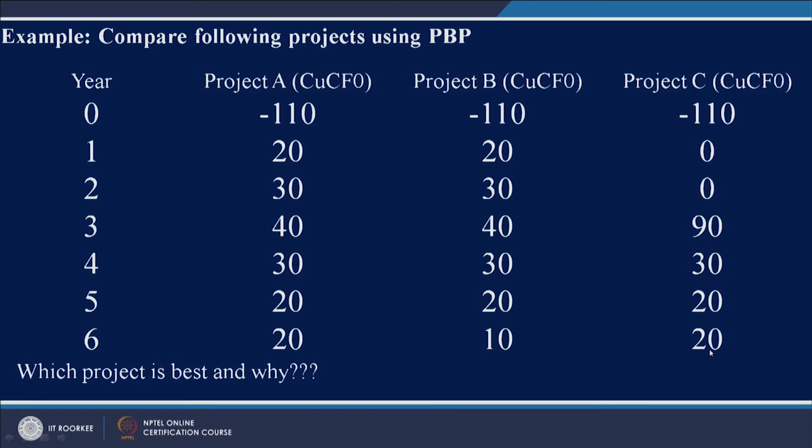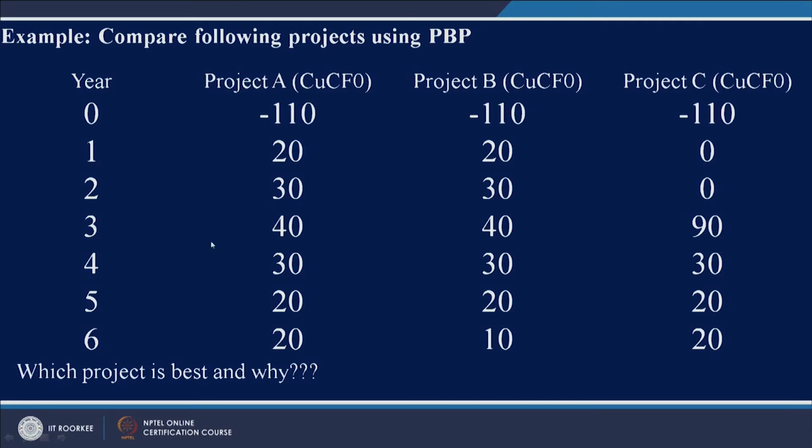Now let us look at this very important question. Compare the following projects using the payback period method, and you need to select which is the best project and why. You have been given 3 projects and these are cumulative cash flows, right? The cumulative cash flow for project A is minus 110, for this also minus 110, for this also.